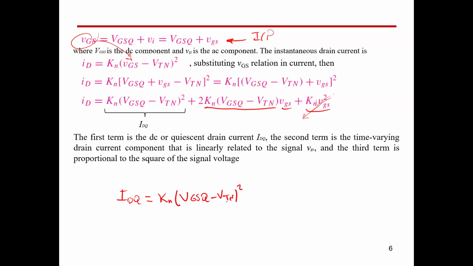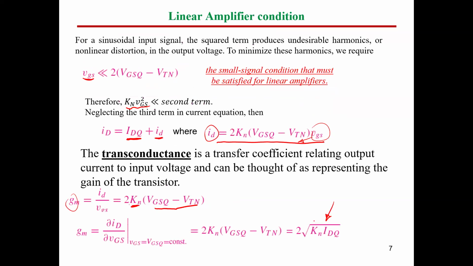So from this relation, you can get the relation here, okay, between IDQ and Kn and VGS. So just replace this part here, okay?